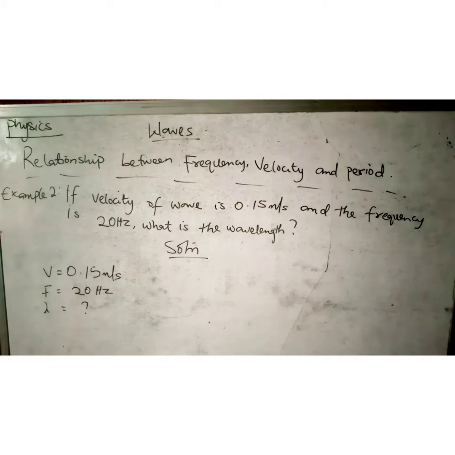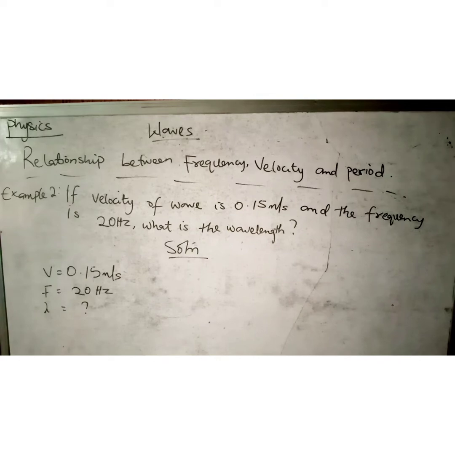Our velocity v is equal to 0.15 meters per second, frequency f is equal to 20 hertz, and wavelength is equal to what? So we are looking for the wavelength.